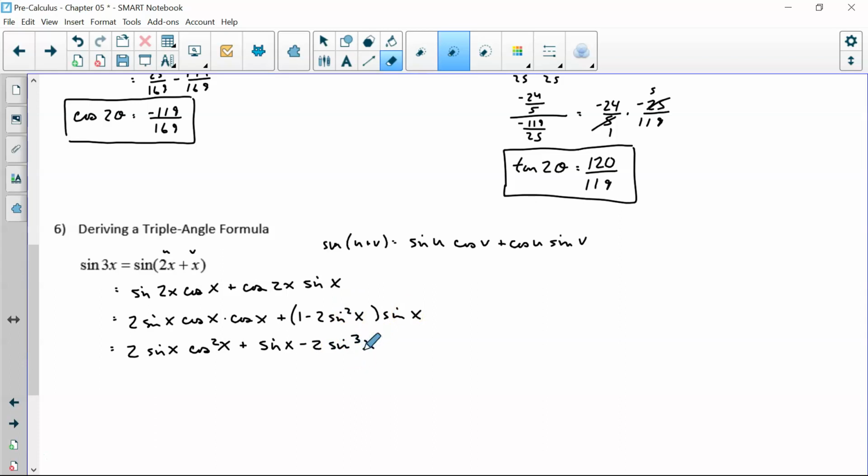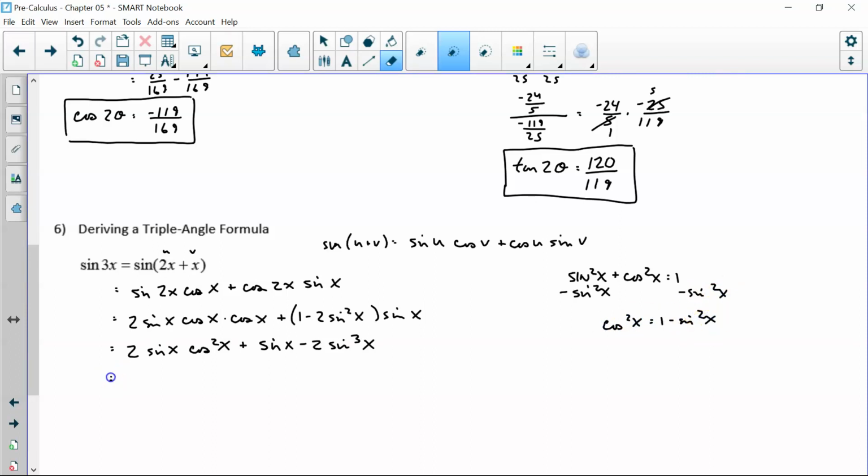Now, I can combine like terms a little bit, but I also don't like that there's a cosine there. Now, cosine squared, remember, sine squared x plus cosine squared x equals 1. So if I subtract sine squared x from both sides, I get cosine squared x equals 1 minus sine squared x.